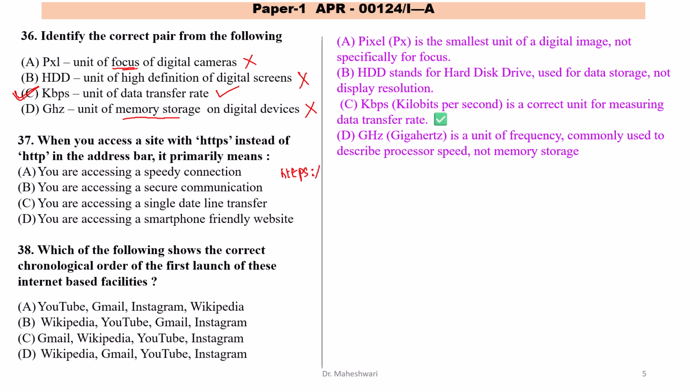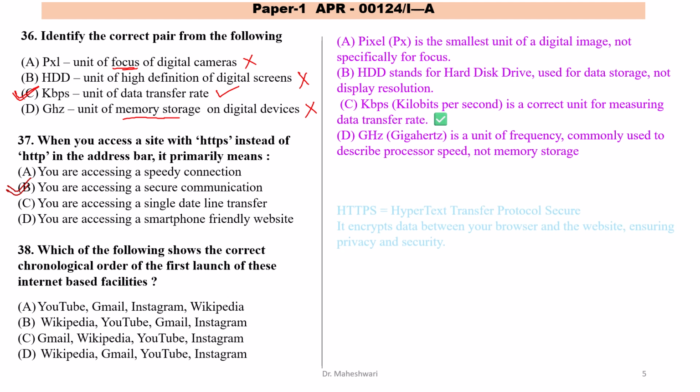So you will find that this S actually indicates secure communication. You are accessing a secure communication, so option B is the correct option.